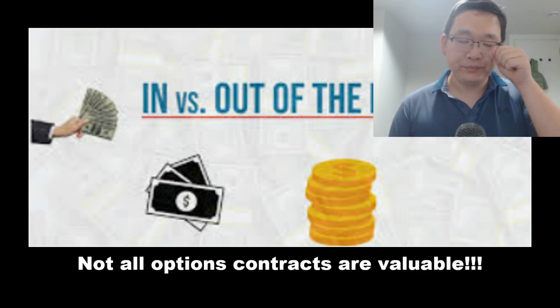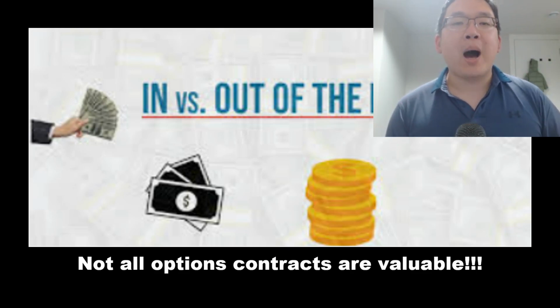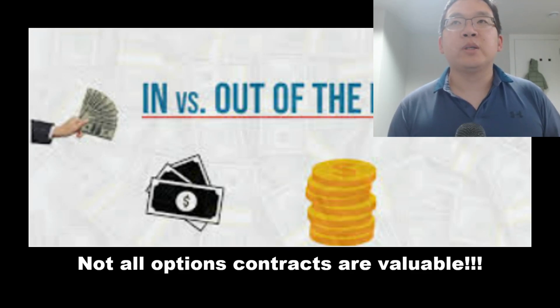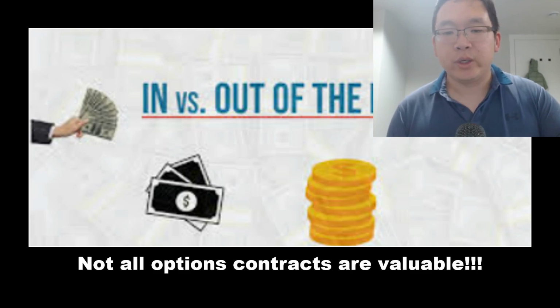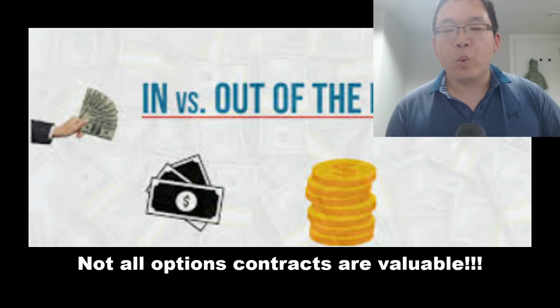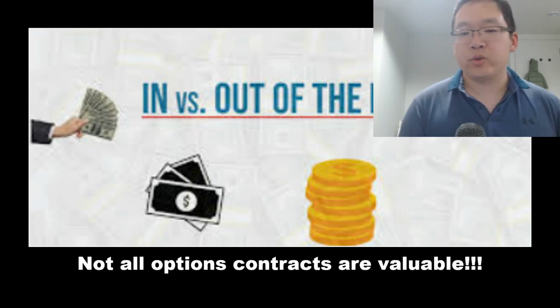And usually in the money options contracts, you can buy the stock at a lower price than the current stock itself. So in the money options would be like the opportunity to buy Nvidia at 50 when Nvidia's actual price on the market right now is 100. And an out of the money options contract would be like the opportunity to buy Tesla at 400 when the current stock is trading on the market for 300.